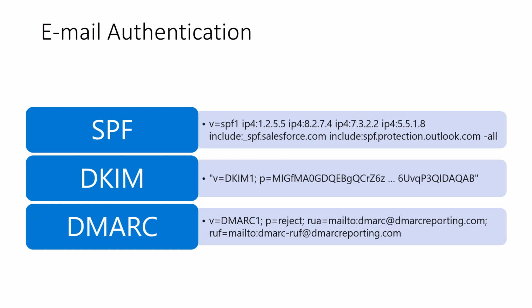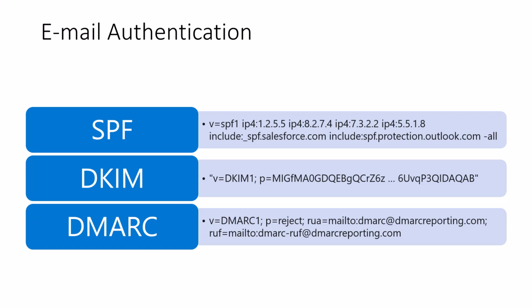With the DMARC, we are setting the policy for the specific domain. So the receiving servers can then look up the DMARC record, and within the DMARC record, they can see the policy that we have set here.